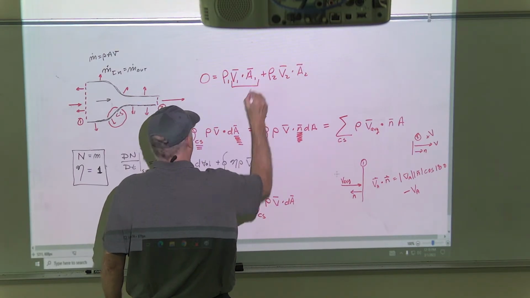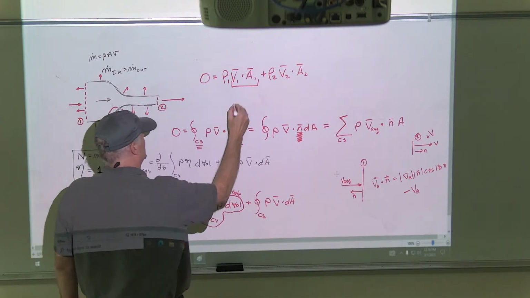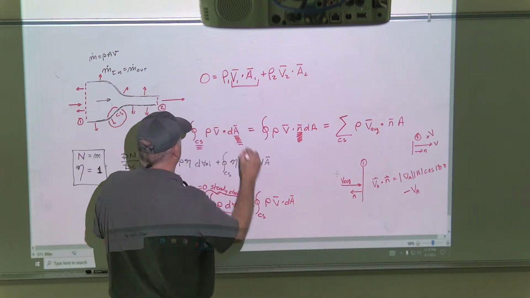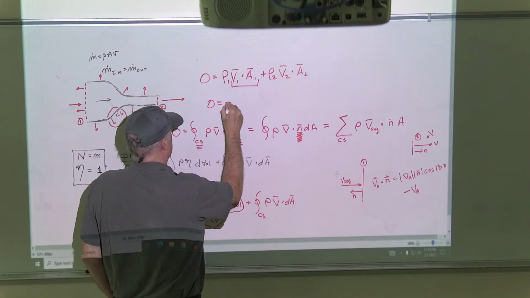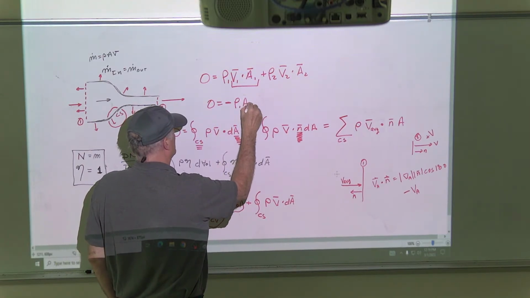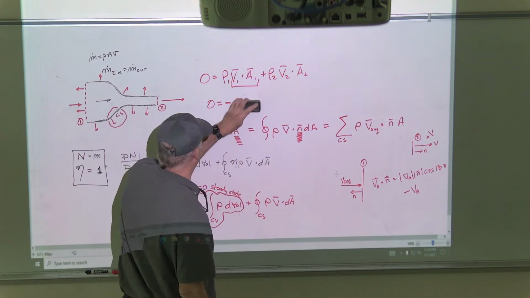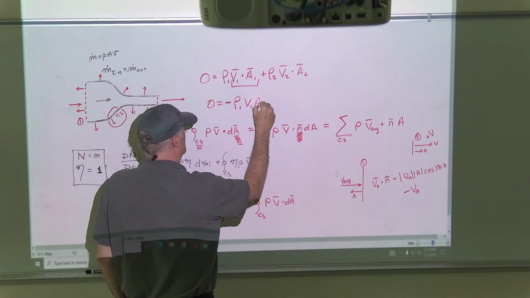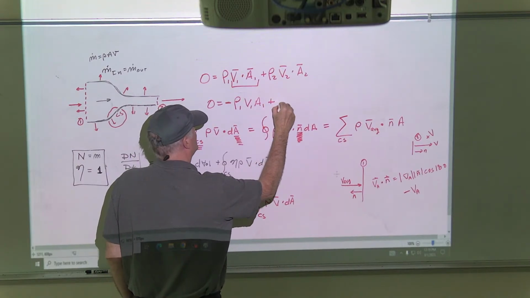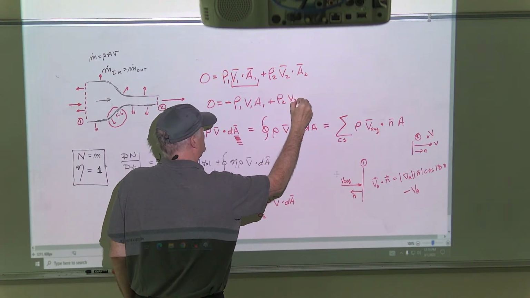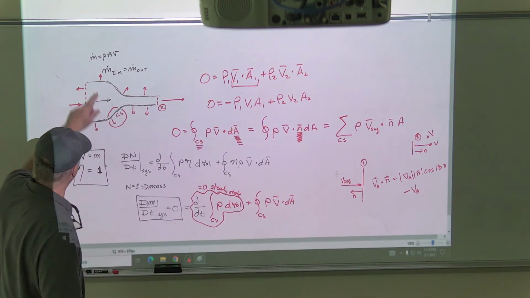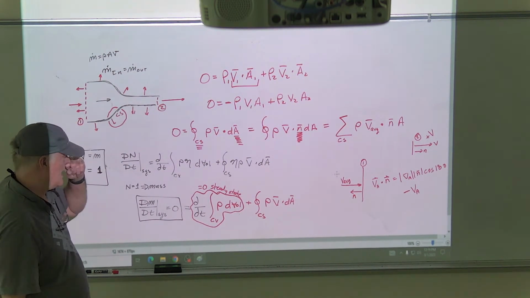This one is negative because it's entering. So what you have is 0 is equal to minus rho 1, V1, A1, plus rho 2, V2, A2. And so it's the same thing. M dot in is equal to M dot out.